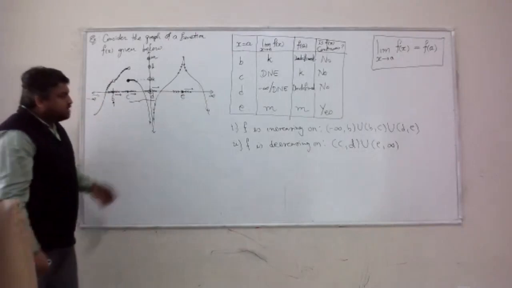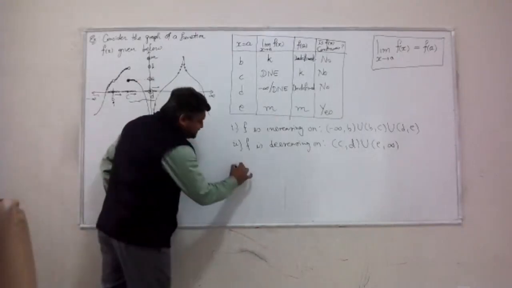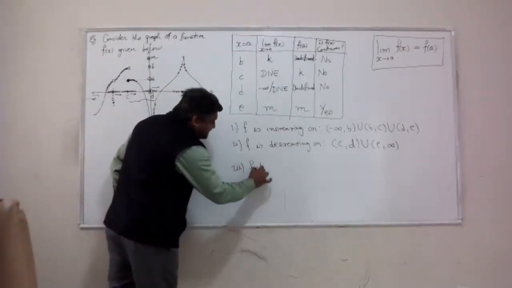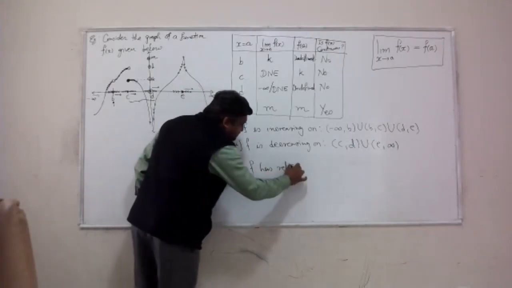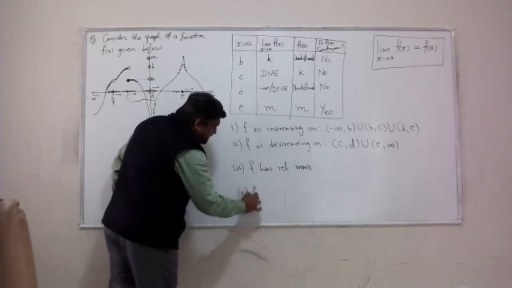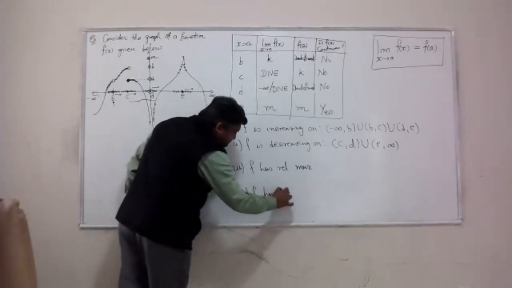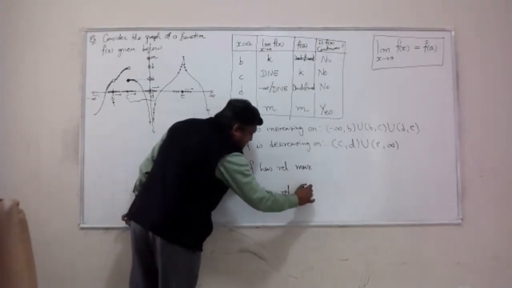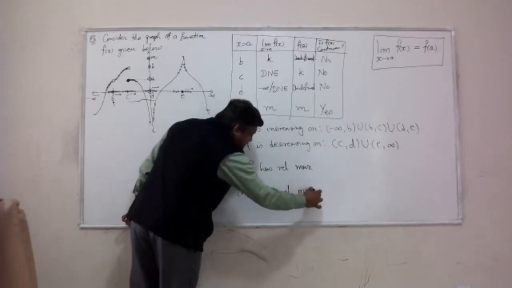All right. We can also ask this type of question. F has relative maxima and find all relative minimum. Local maximum and local minimum.